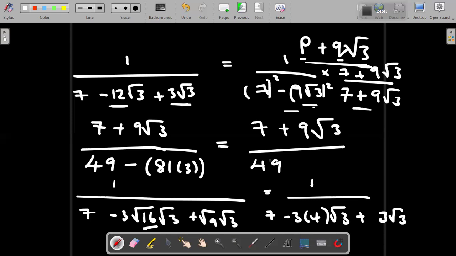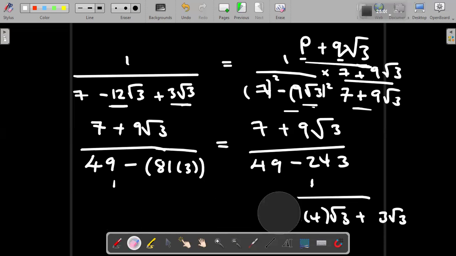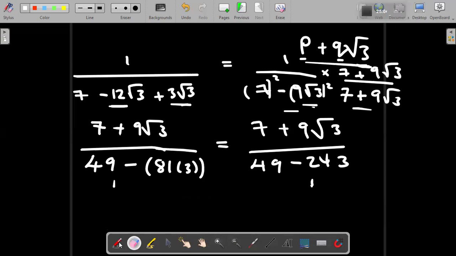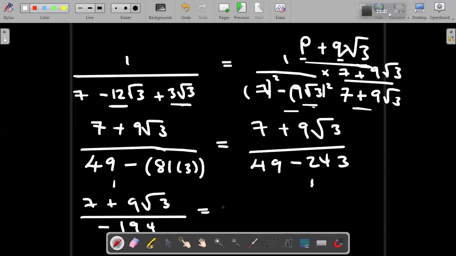So I can multiply 81 by 3, I get minus 243. Then I can just subtract to get my answer. I get negative 194. So that will be 7 plus 9 root of 3 divided by negative 194.